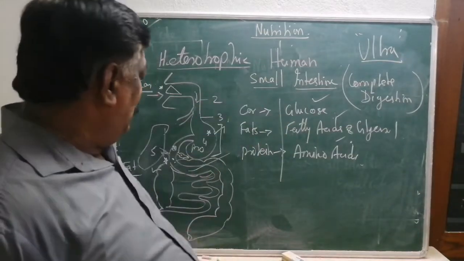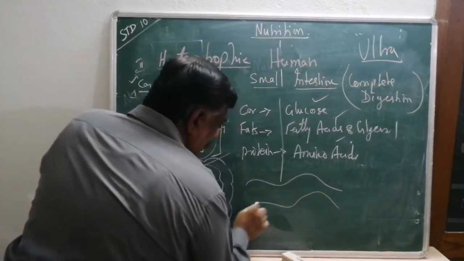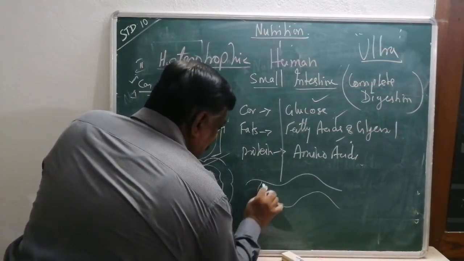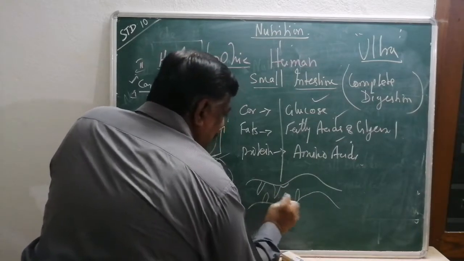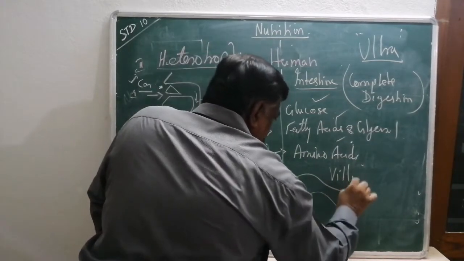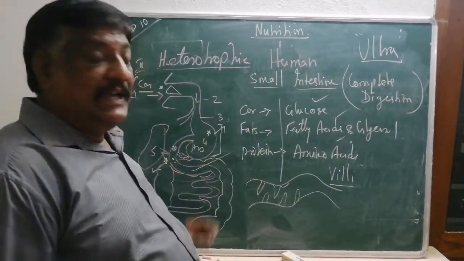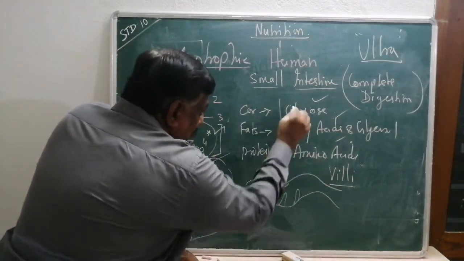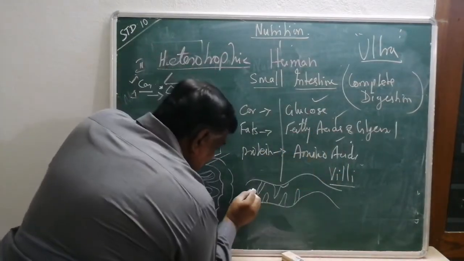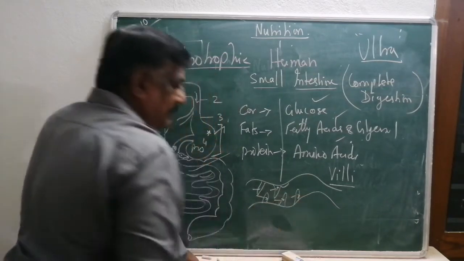Once the digestion is over, the inner walls of the small intestine have projections like this. These projections are called villi. They are supplied with a lot of blood vessels and capillaries. Once the food is digested, the glucose, fatty acids, glycerol and amino acids enter into the villi, absorbed by the villi.